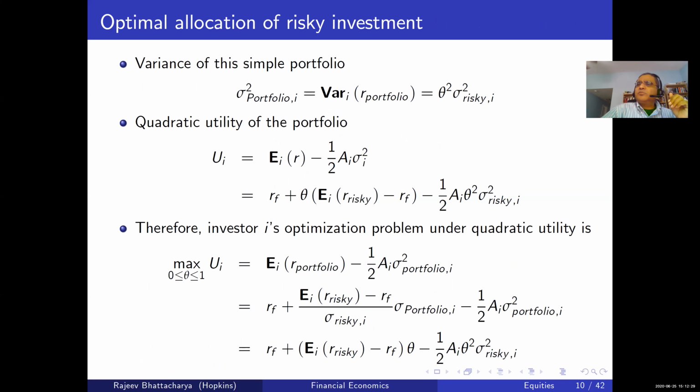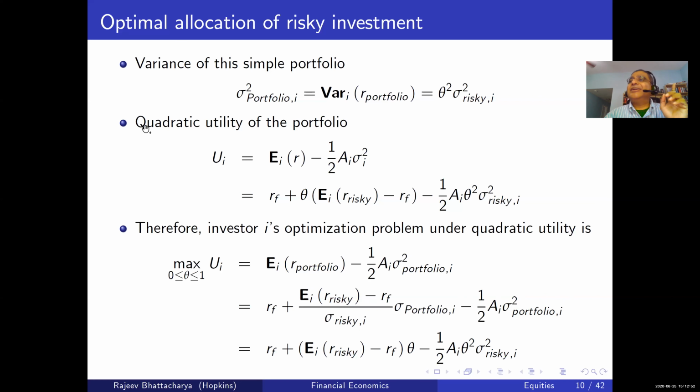As we saw earlier, the variance of the risk-free asset is zero in principle, so the variance of the portfolio is simply equal to theta squared times the variance of the risky investment.